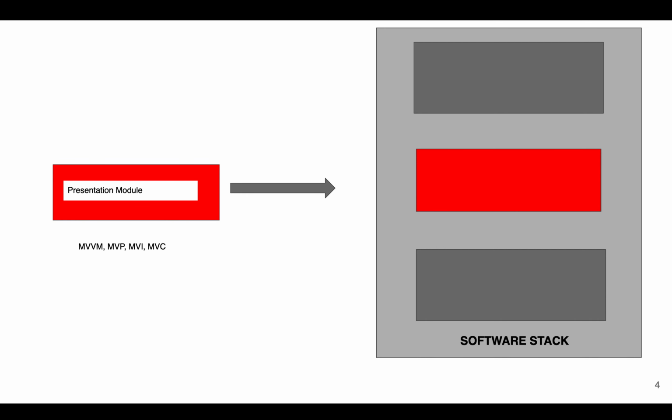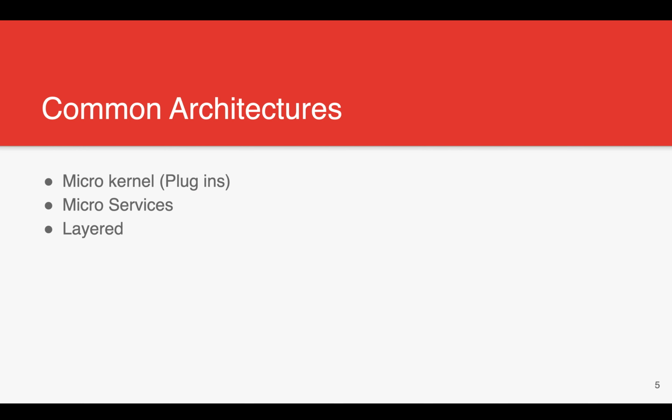I'm sure a lot of us are already conversant with MVVM and MVP, right? So common architecture patterns we have are microkernel, microservices, and layered.